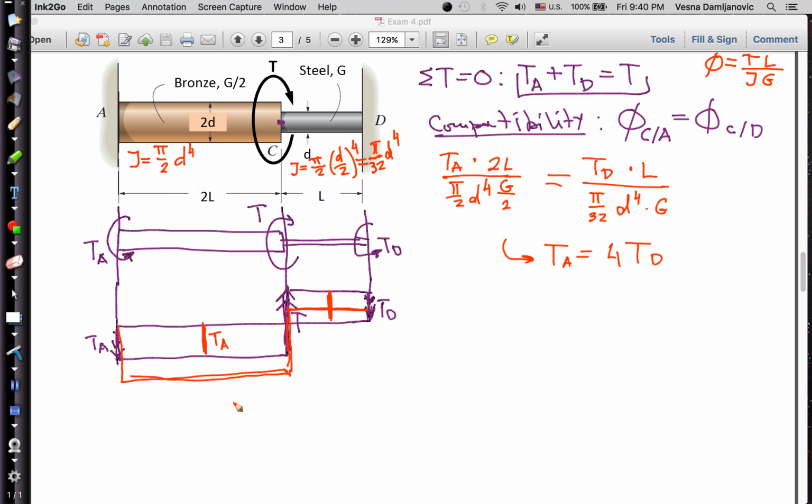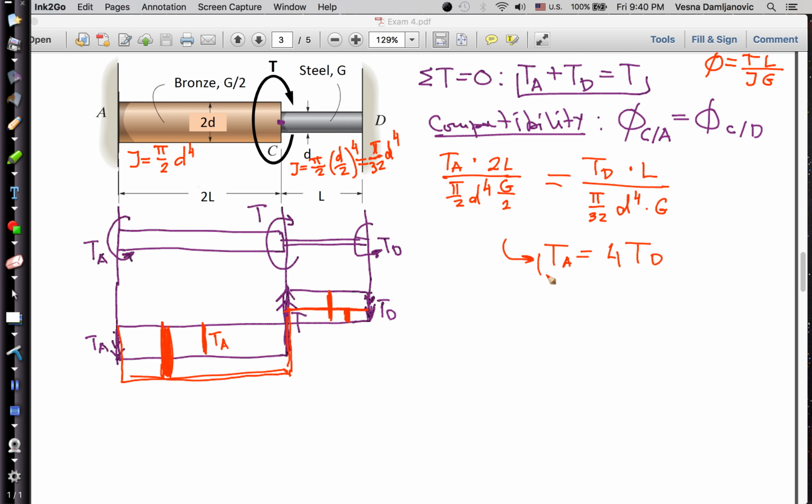And I'm purposely doing that because now I see that that's my maximum value. That's my maximum torque along the entire span. And this is tiny, okay, compared to that. And so now, because I have this, first I'm going to get rid of the TD.